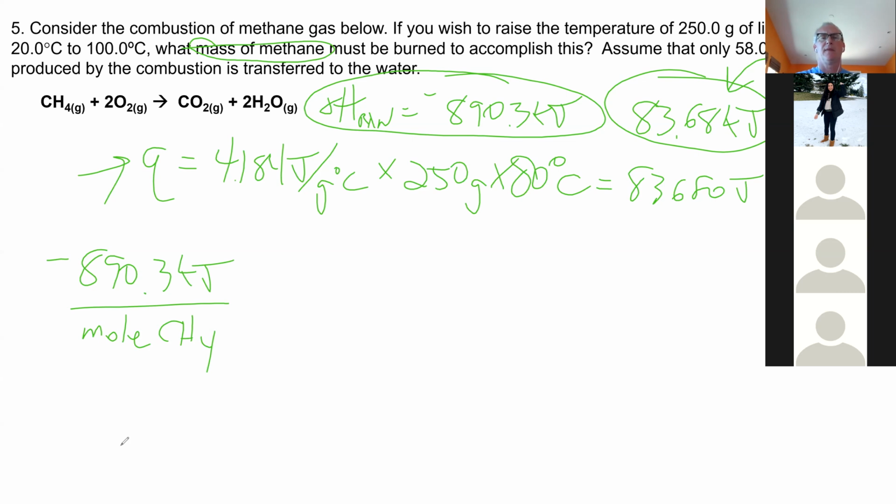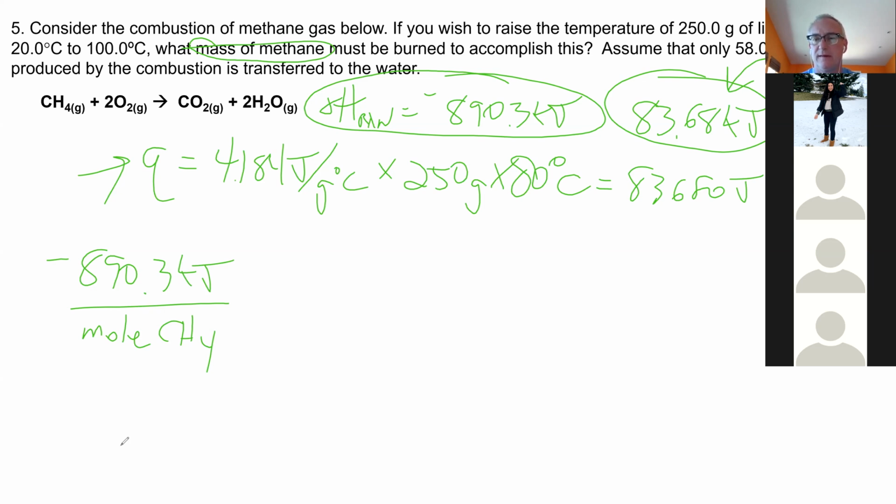No, I just mean if a little more than half of that heat is actually going to be heating the water and the rest is going to be lost, do we need to burn more methane or less? Less.